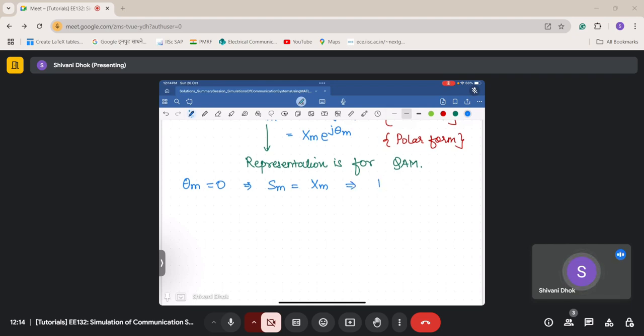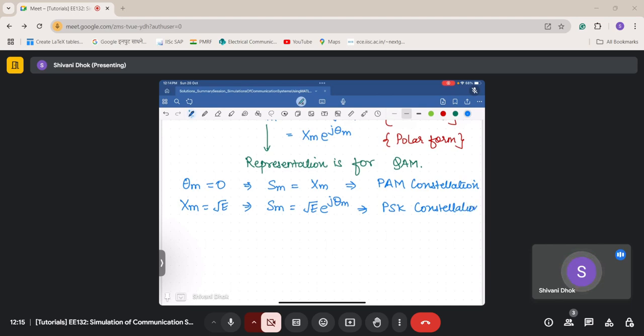This is simply your PAM. And now if you keep your xm as root E, then you get Sm as root E into e power j theta m. This will give you your PSK constellation.